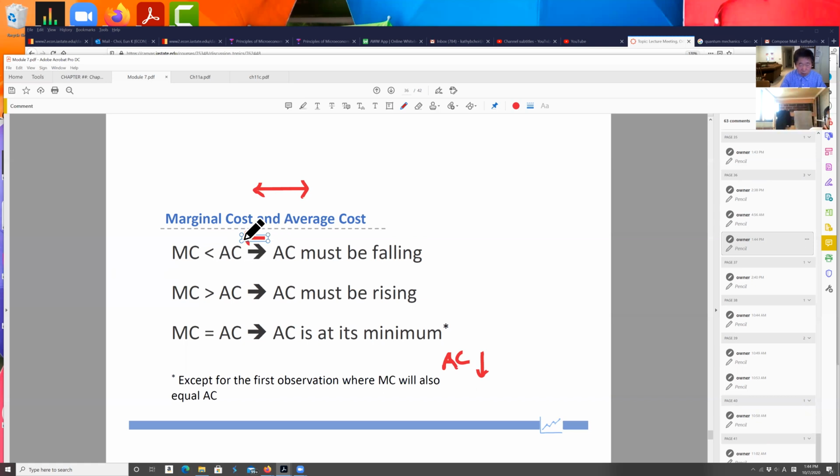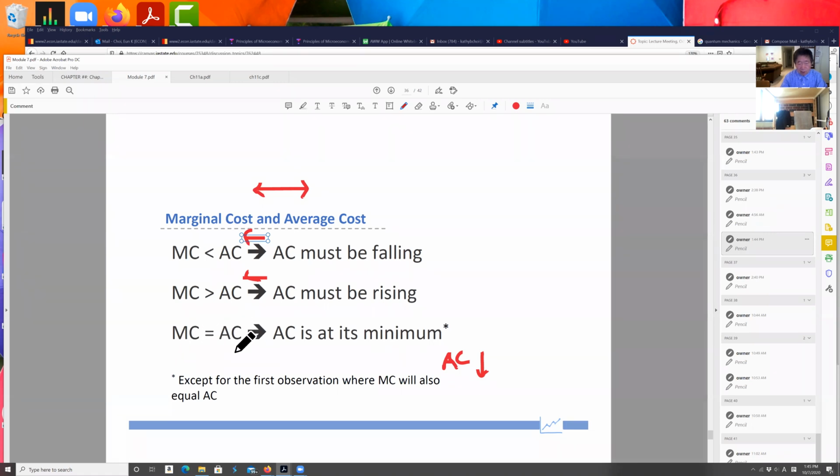So the reverse is also true. If AC is rising, it is because marginal cost is higher than average cost. This also holds. Okay, so when AC is at its minimum, these two are equal.